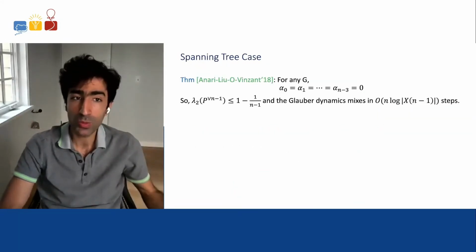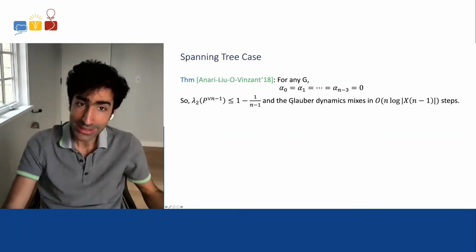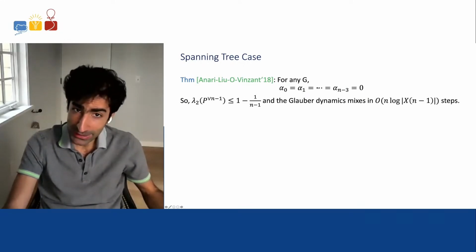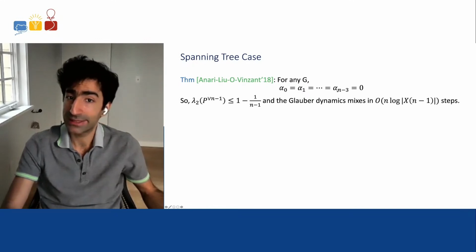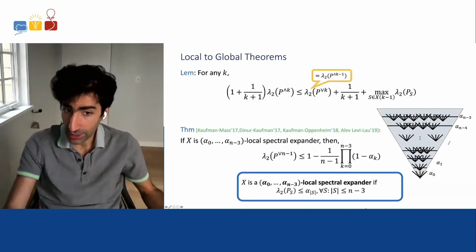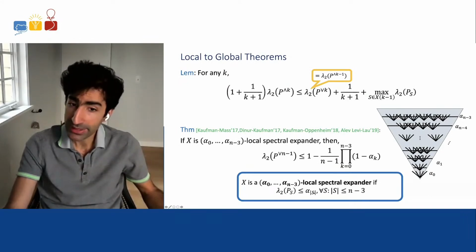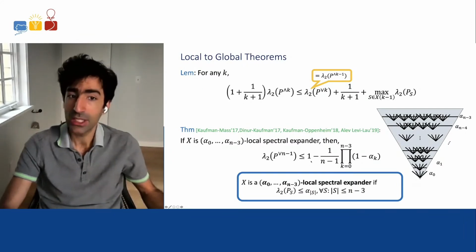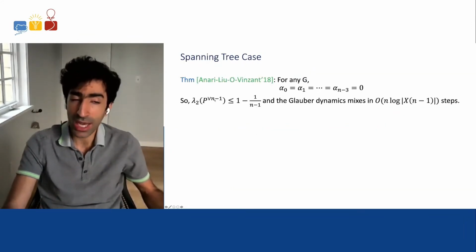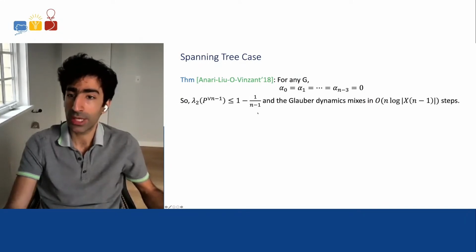Now, how did we prove what we wanted to prove? What we show is that for our specific example, if you have any graph G, all of these alpha i's are 0, meaning that all of the second eigenvalues of the local random walk matrices are less than or equal to 0. So I can put 0 here, and if you just simplify this, you get that the second eigenvalue of the down-up walk is at most 1 minus 1 over n minus 1.